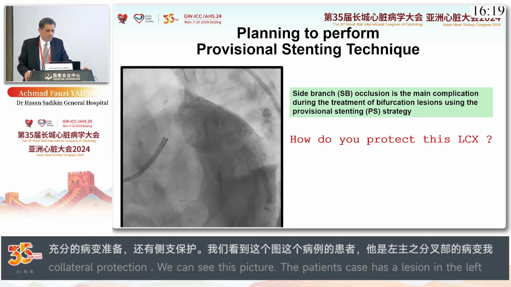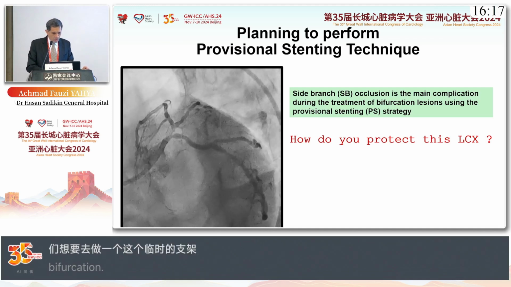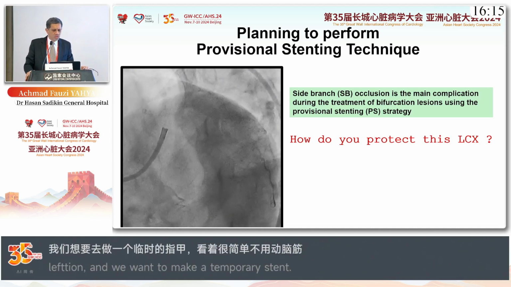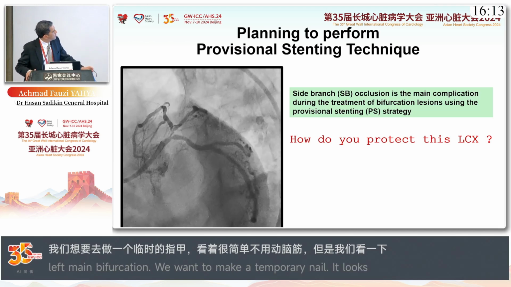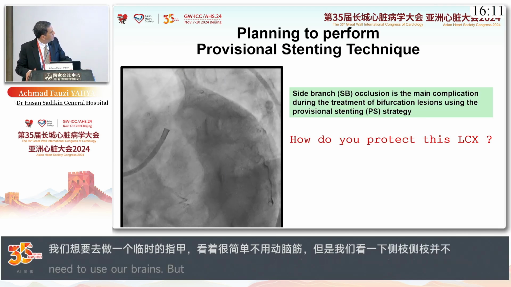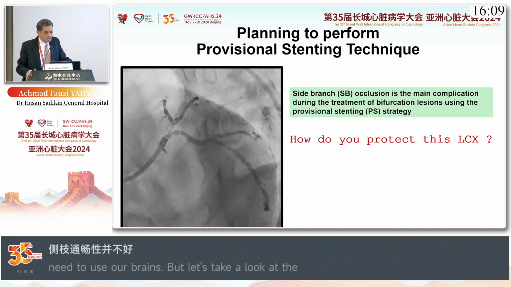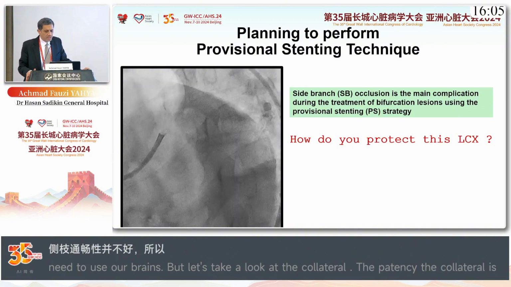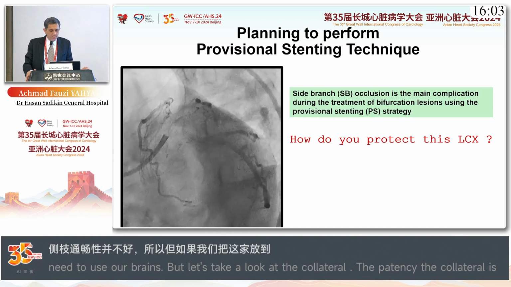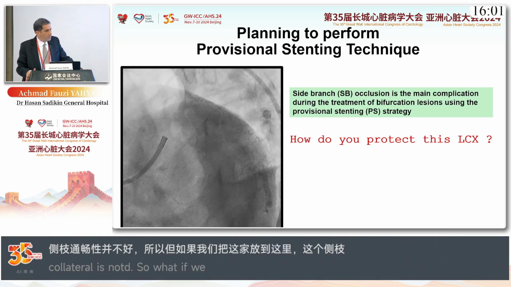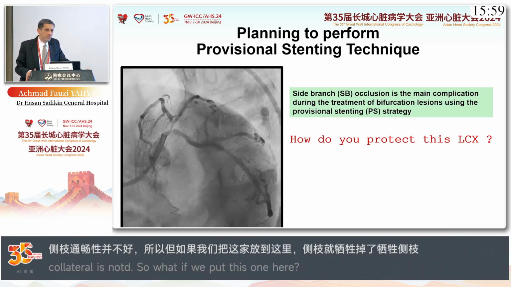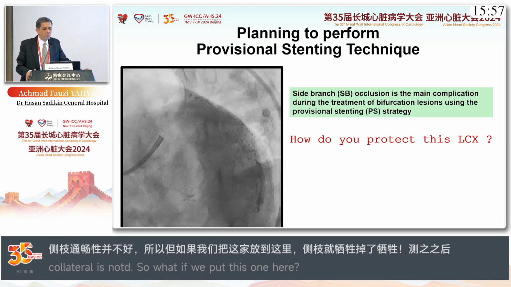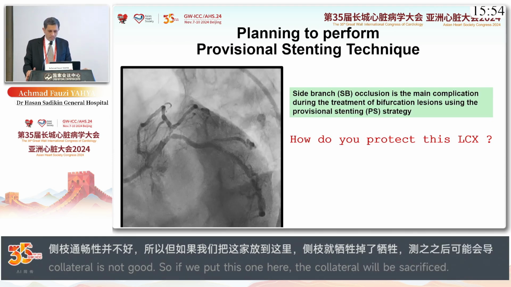It looks easy, but look at the side branch, it's not so tight a stenosis. But if you are putting the stent there and the side branch is compromised, then it will be a very difficult situation. So how do you protect this circumflex?